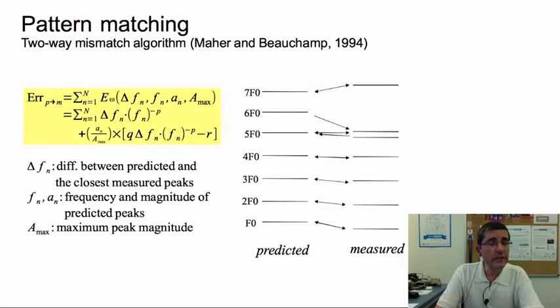So this first equation is the predicted to measured. We take every predicted peak or every predicted value, and we look at the closest measured peak and find the frequency distance, and then we scale it according to the amplitude.